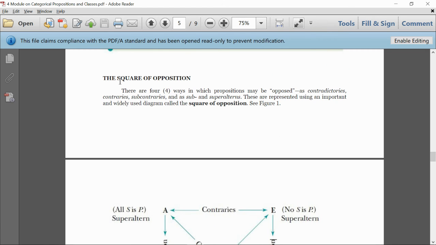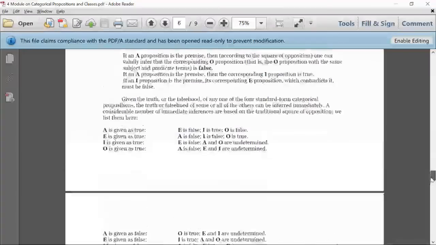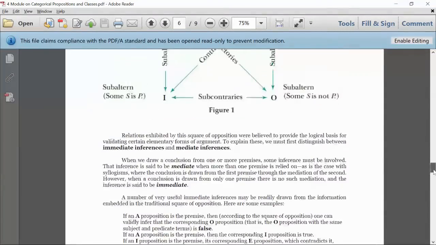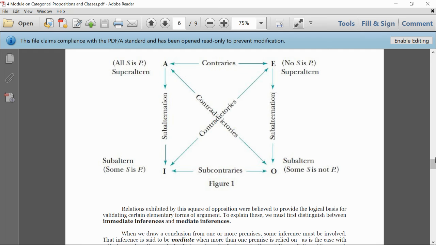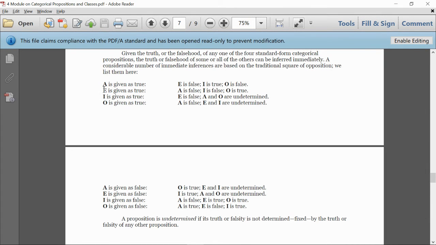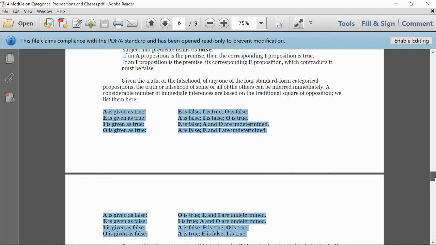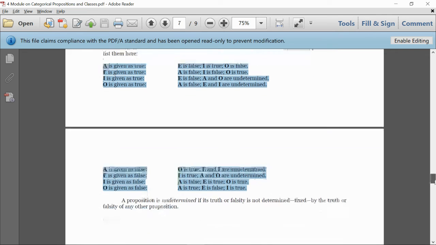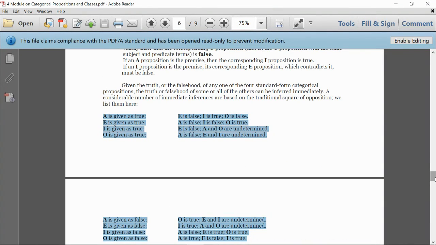You also have to familiarize yourself with the square of opposition. And lastly, with this square of opposition, the simplification will be this one. Whichever is easier for you to understand or get familiarized with.